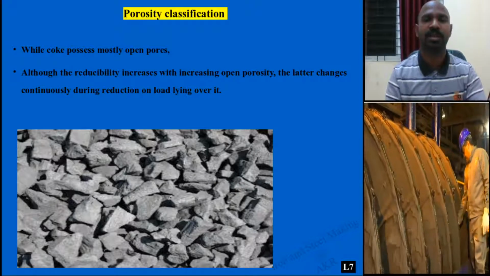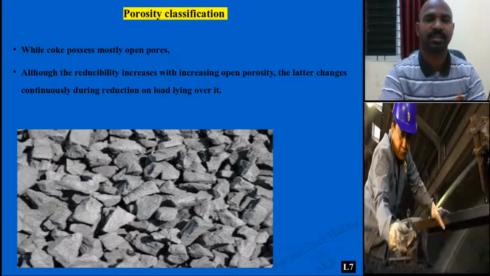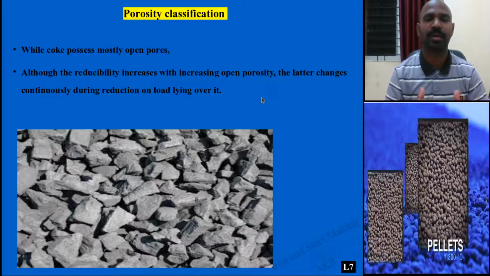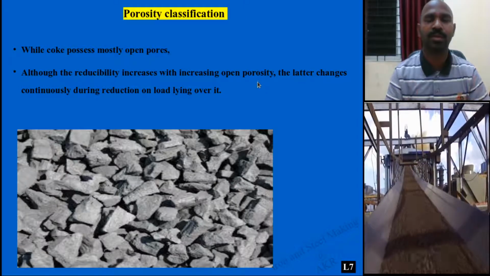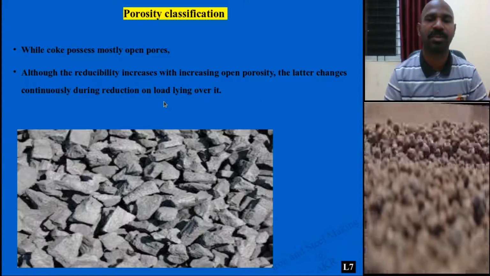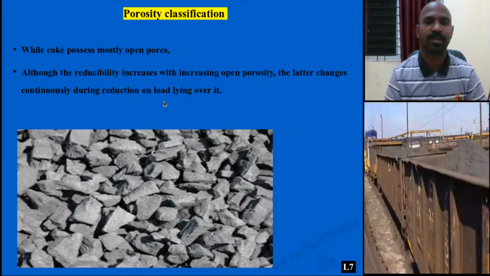So that reducibility increases if the coke has open pores or open porosity. It largely depends upon how much coke is lying in the hearth of the blast furnace.